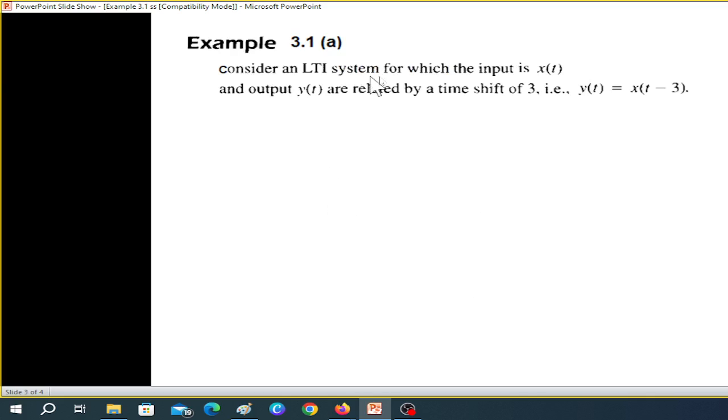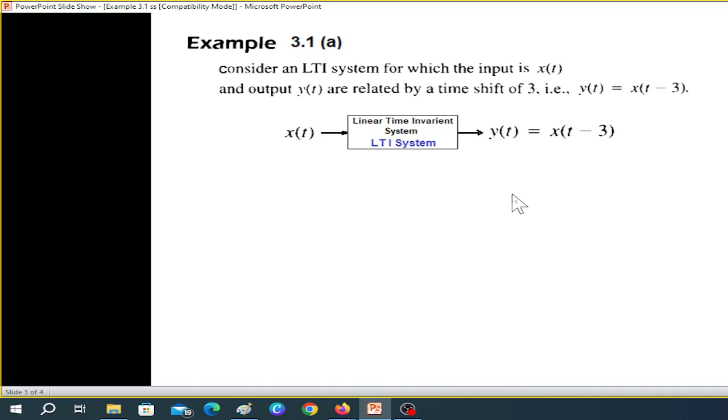Consider an LTI system for which the input x(t) and output y(t) are related by a time shift of 3. That means y(t) is x shifted by 3, x(t minus 3). So if this is a linear system and the input is x(t), then output will be x(t minus 3), shifted by 3.